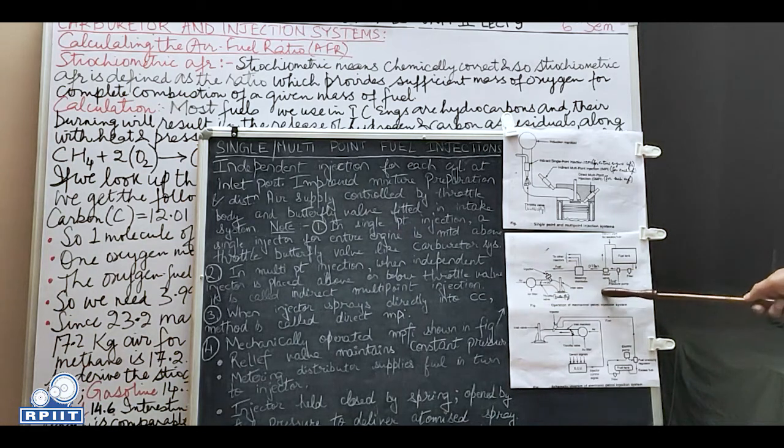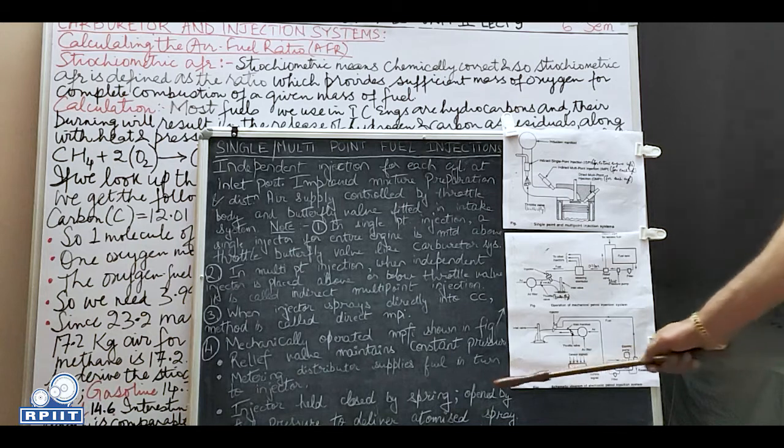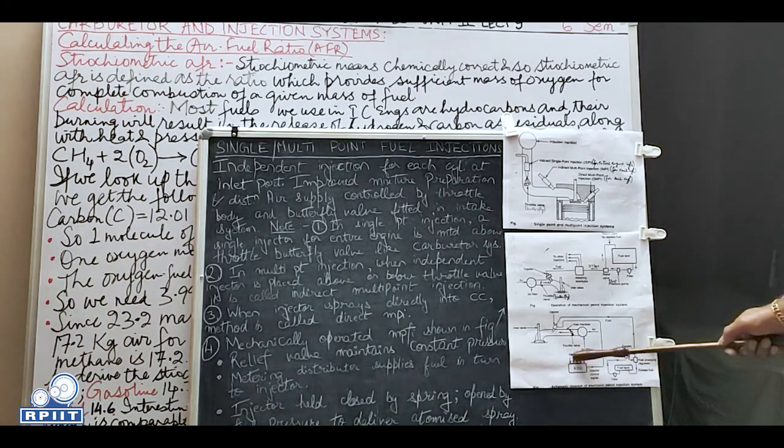What happens in the electronic control system? Here, the metering distributor has been replaced by the electronic control unit. These are the sensor signals I mentioned, placed at various points in the car. I just named them. The signal is coming from each of those points.